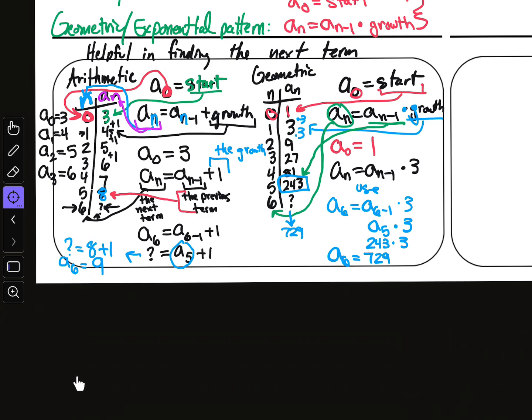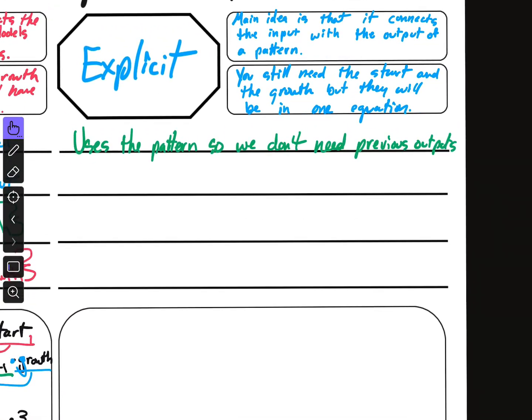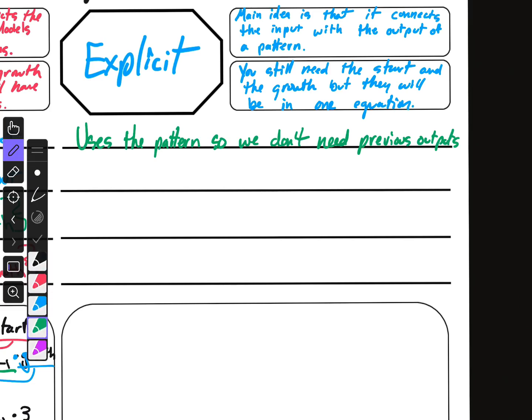I have to go through till I get down to the 99th term to be able to find the 100th term. Whereas with explicit, that's going to change. That's going to be different, okay? So it uses the pattern, so we don't need previous outputs, period. Okay, so we use things such as a variable.